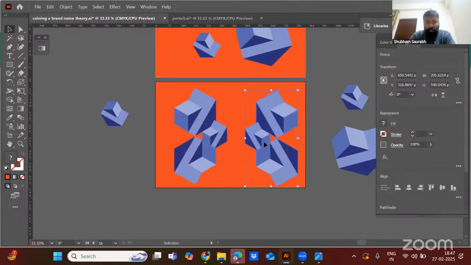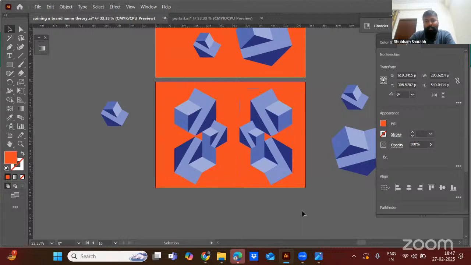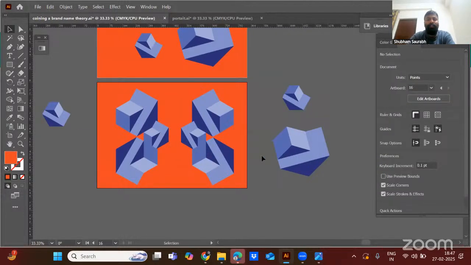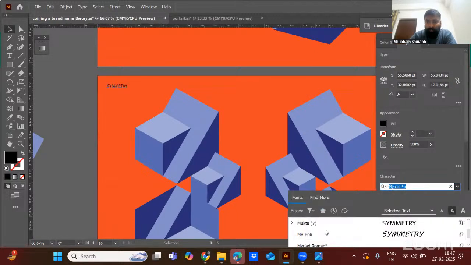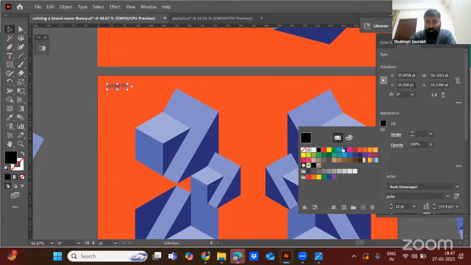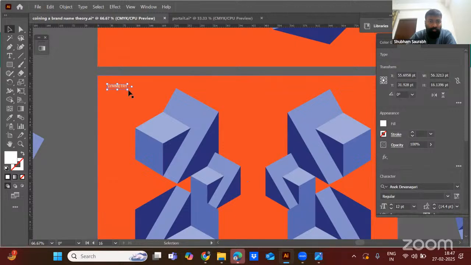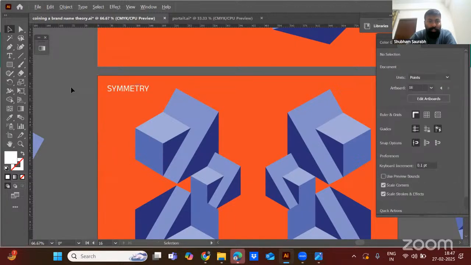Okay, this. So when you exactly make something which is reflecting each other, left or right or top or bottom, this is what we call symmetry. So I'm also writing it here. Okay? Symmetry.